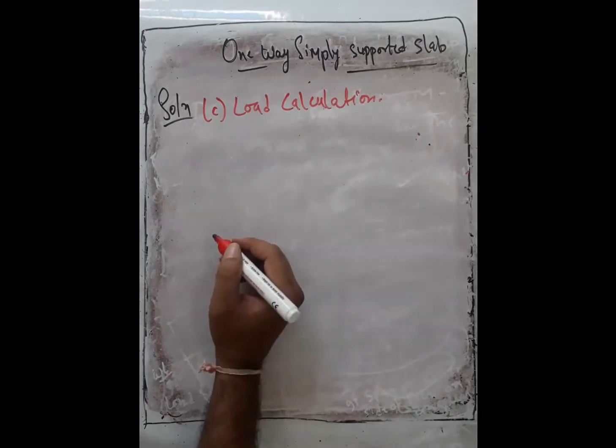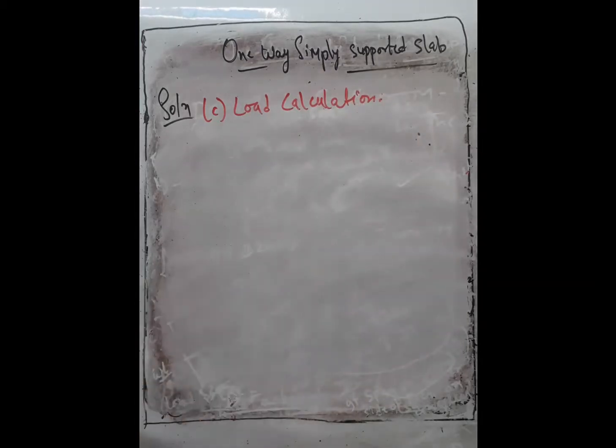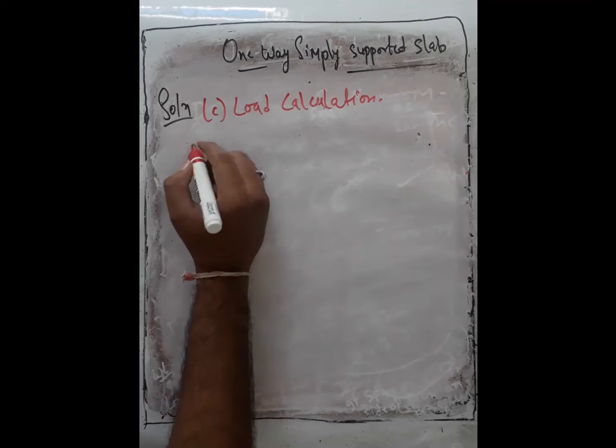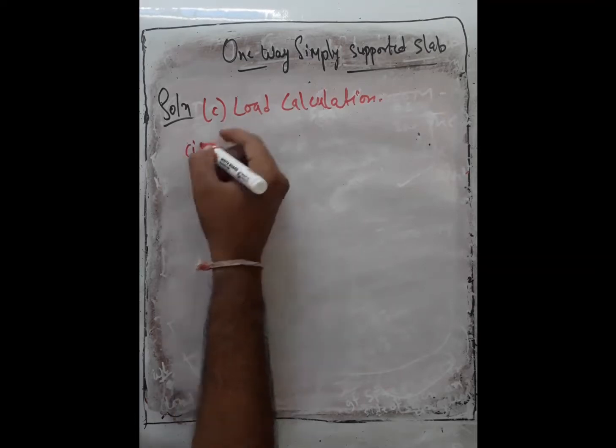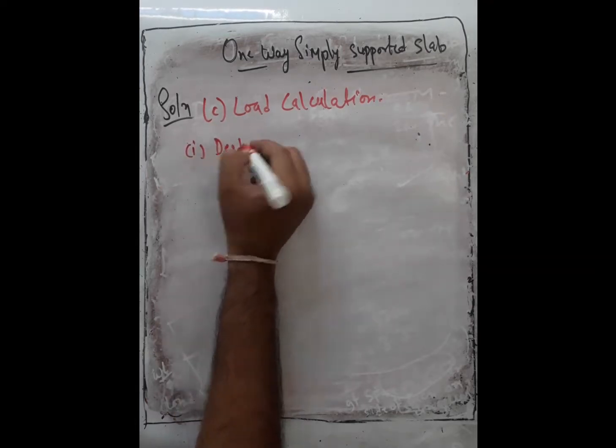For load calculation, we are given the live load. So we have to find the self weight. After finding the self weight, we add this live load to find the actual or total load. So first we find the dead load or self weight load of slab.